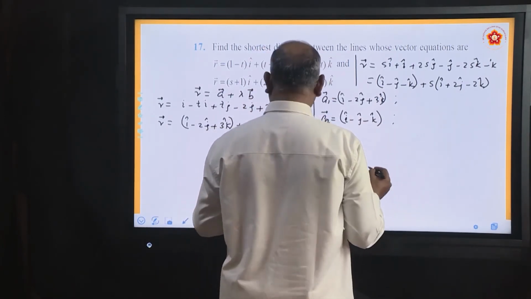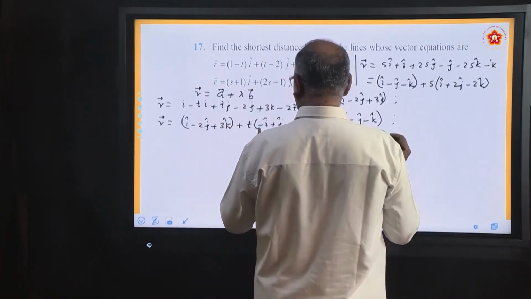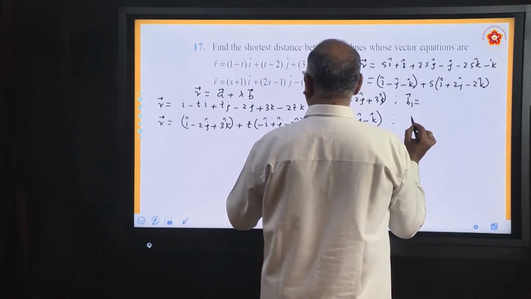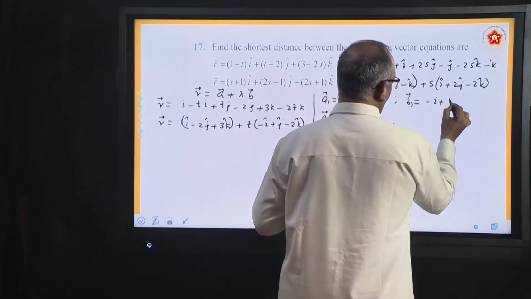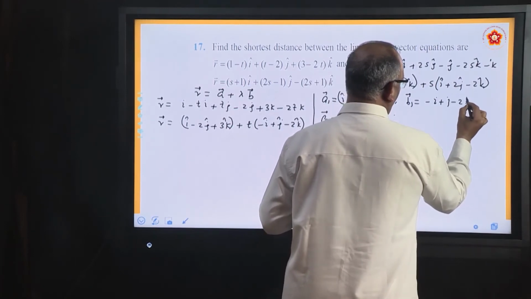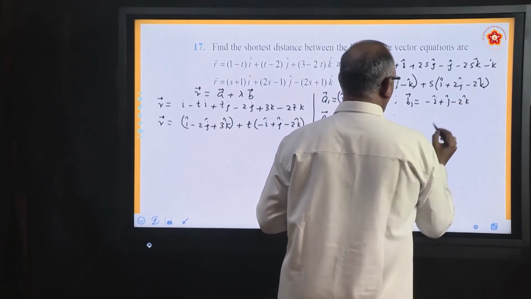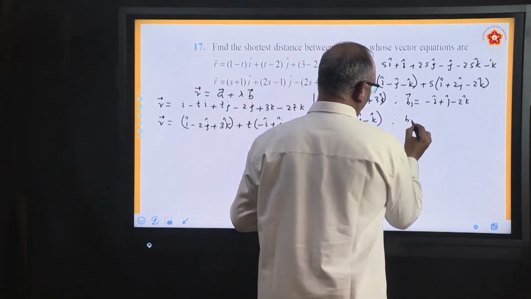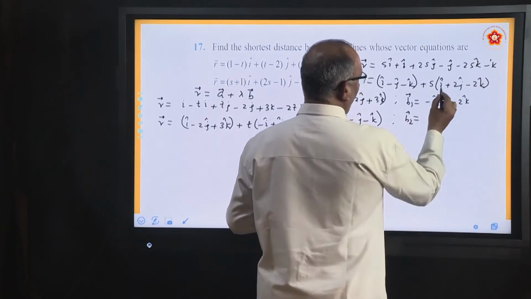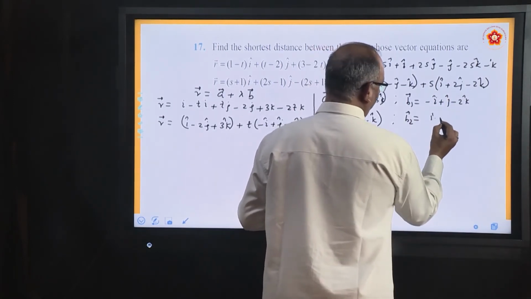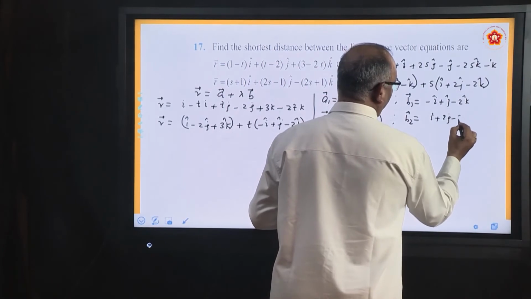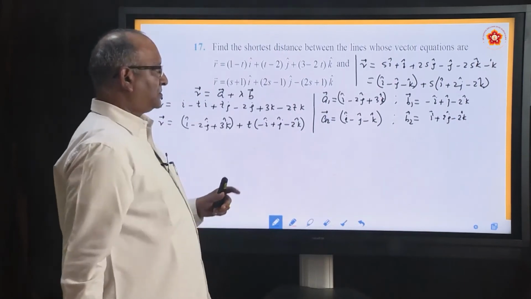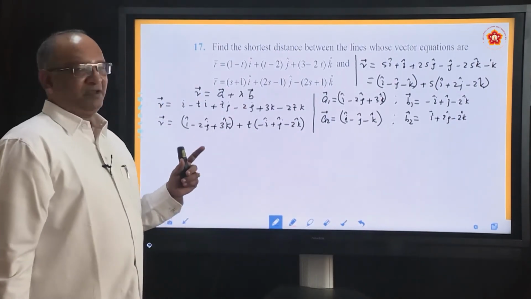Similarly, get B1 from the first equation: minus i plus j minus 2k. Similarly, write B2: i plus 2j minus 2k.